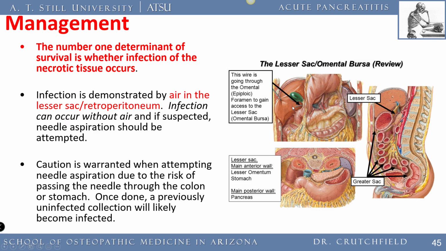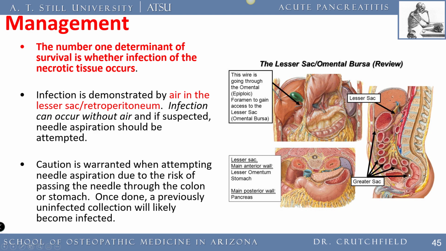In this case, here we're just reviewing some anatomy on how to get to the pancreas. We can either stick our finger in the epiploic foramen, where you see this wire going through here into what's called the lesser sac, or we can cut off the omentum that hangs off the inferior aspect of the stomach, raise the stomach up, and we can see the pancreas here in the lesser sac.